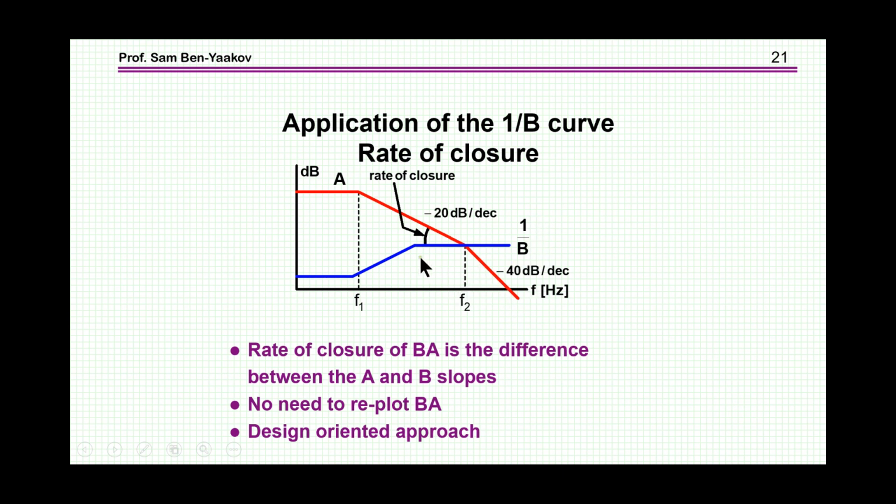Now, this is a case in which the breakpoint is exactly where I'm crossing with 1 over B. And now the rate of closure is 20 dB, but here you see it's breaking, and the phase we know at the breakpoint is 45 degrees.